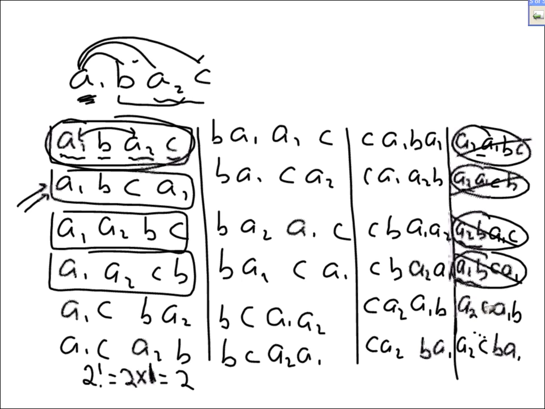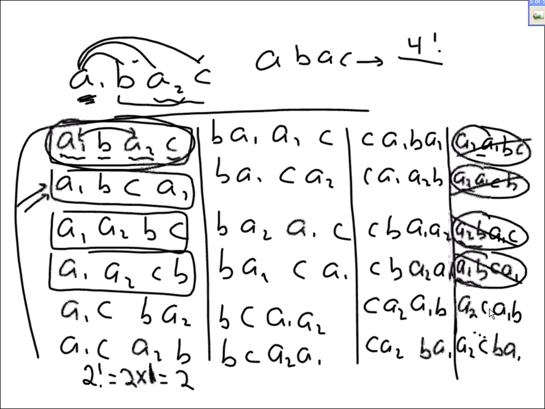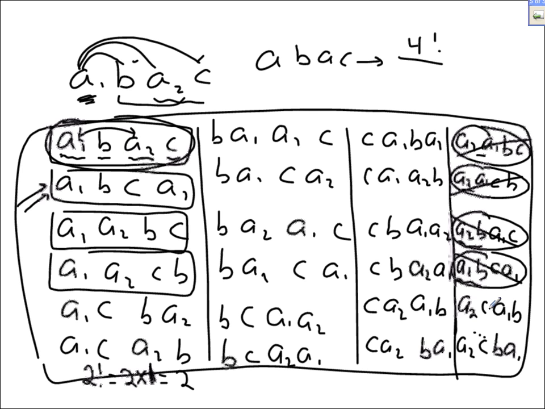So the question is, how many different ways can we arrange the letters A, B, A, C? And since there are 4 letters, I can write down, like I did, 24 orderings, but some of them are the same.